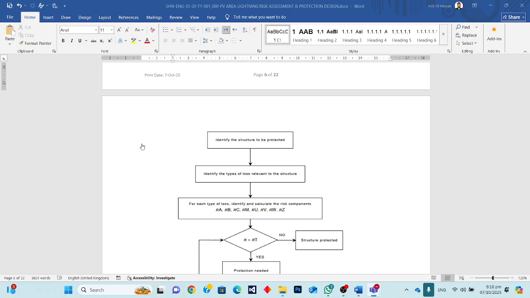Then on that basis, we have to calculate the R1 component, RP, RC, RM, RU, and so on. Then we will go to the next step.